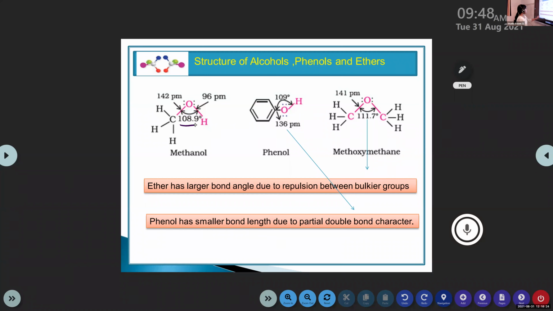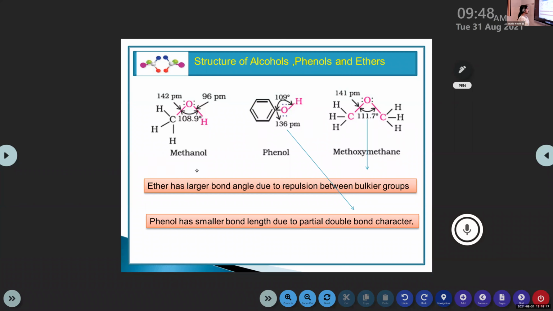The bond length between carbon and oxygen is 142 picometer, and between oxygen and hydrogen it is 96 picometer. Here only single bonds are there in methanol.